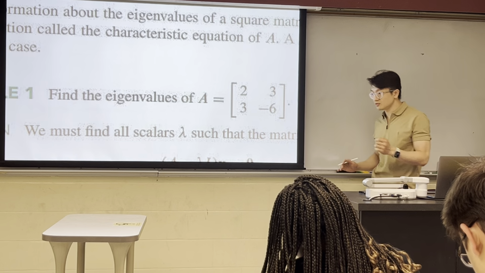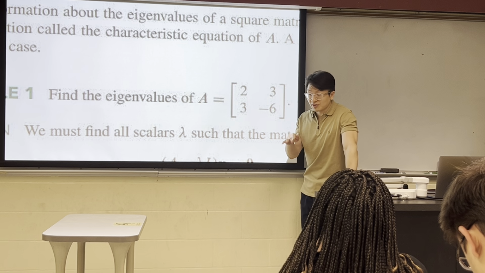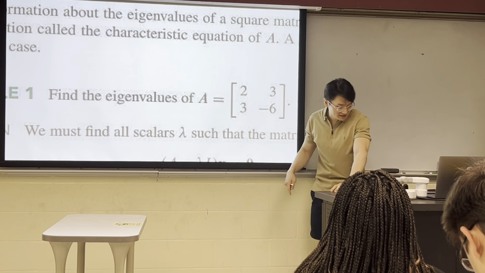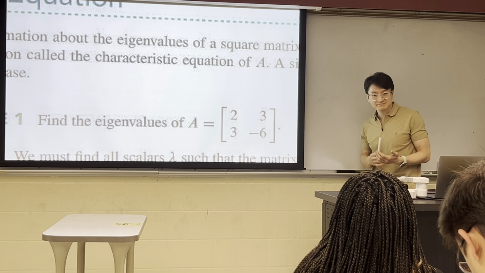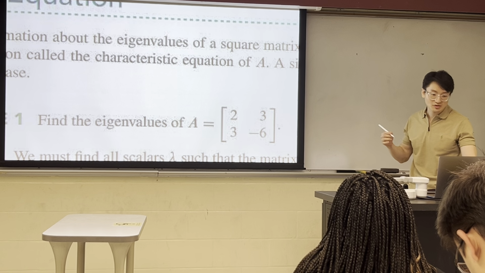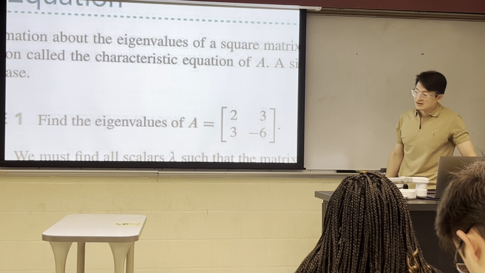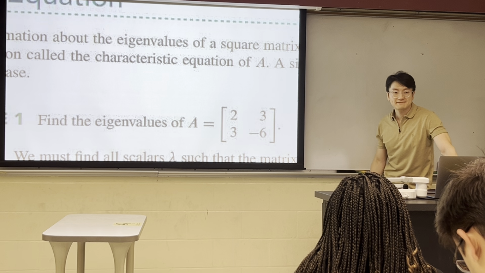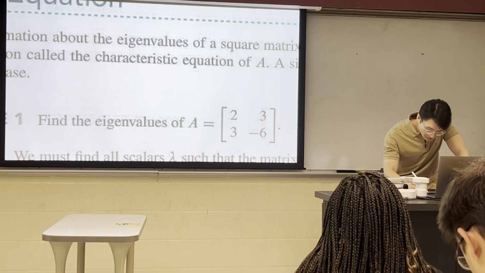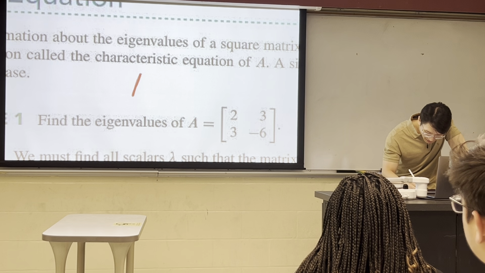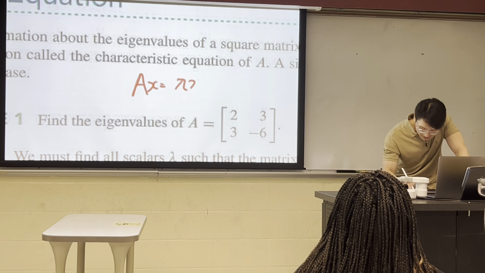Now, instead of giving you the eigenvalue from the beginning, I ask you to find the eigenvalue of this given matrix, using the definition we learned yesterday. What is the definition of eigenvalue? Ax equals lambda x.